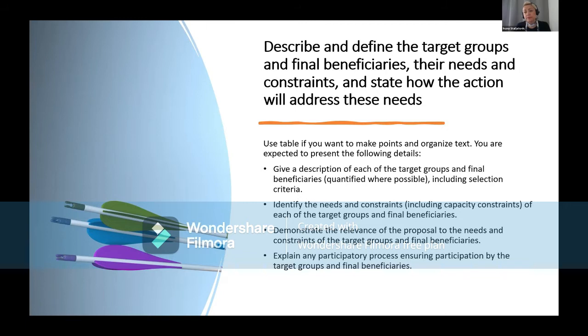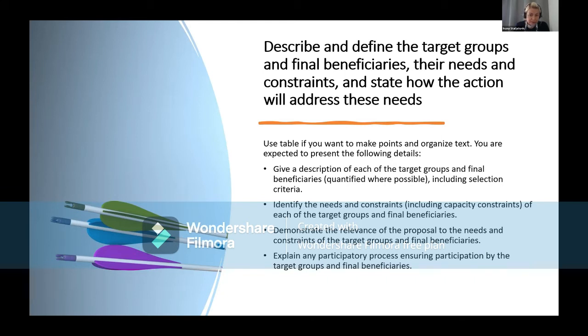It's not obligatory, but you need to present the following details. You should give a description of each of the target groups and final beneficiaries. You should quantify them if it is possible. And you should include the selection criteria. So how have you selected or identified your target groups and final beneficiaries?